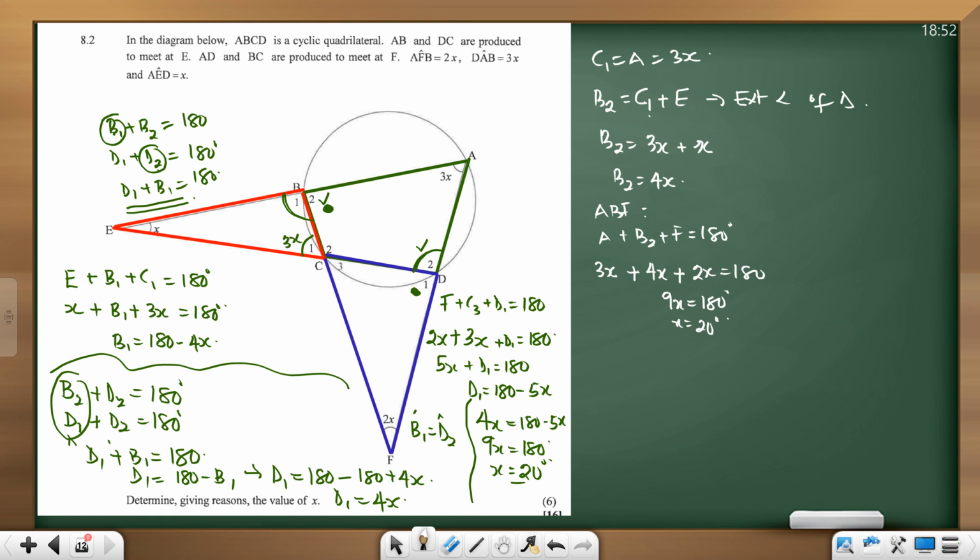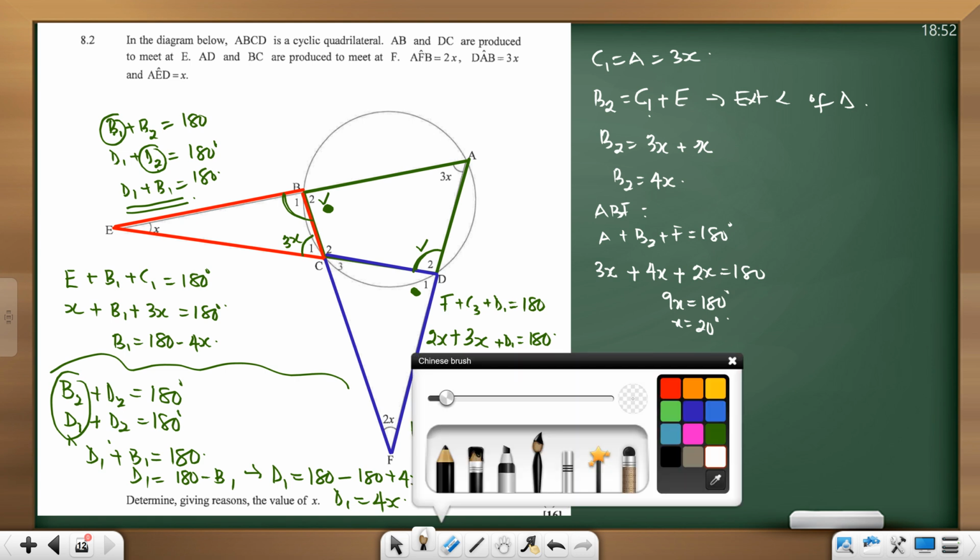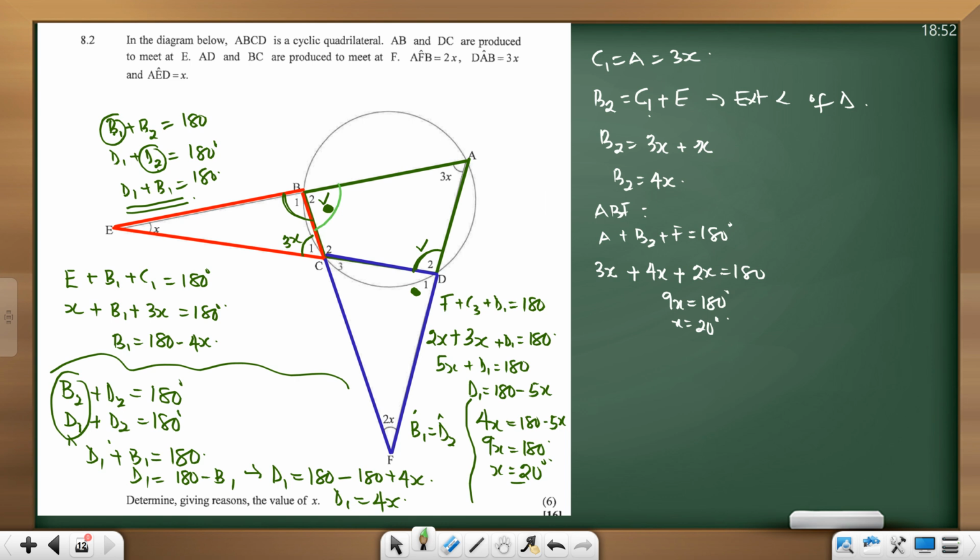So from what the second guy spoke on, I think from the second step, do you know the rule that says the exterior angle of a triangle equals the sum of the opposite interior angles? Yes, sir. Good. So he looked for B2, which is the exterior angle.